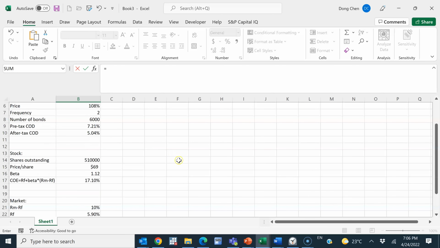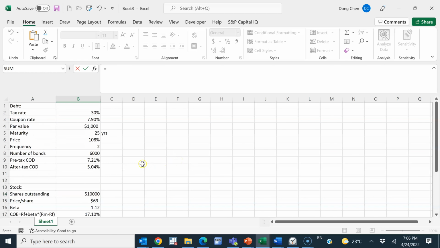right? So the market value of D is simply the number of bonds multiplied by the price. But price here is still quoted as a fraction of the par value, so we still need to multiply by the par value. So far I just got the D part, the market value of the debt.